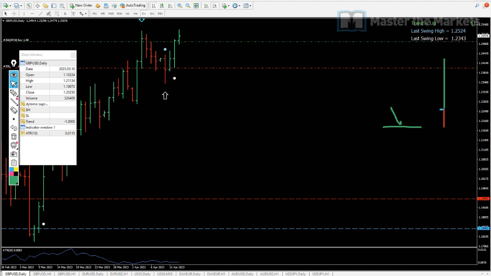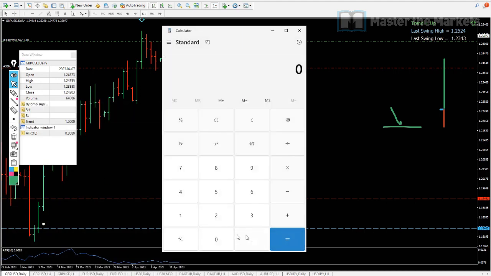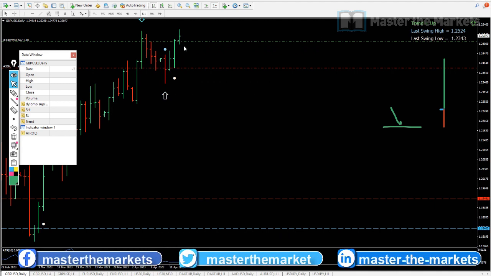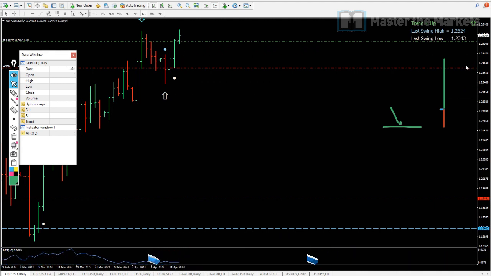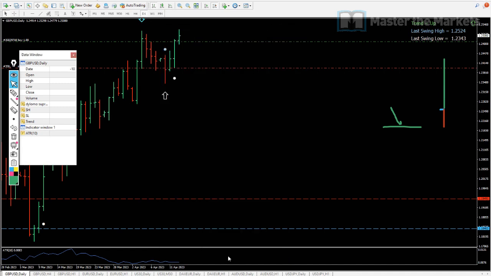Let me bring my calculator out. 0.8 times 83 is 66.4. So 66 pips of range is what I'm looking at. It's done so far, if you can read from here, a bar range of 51. And I'm looking for 66.